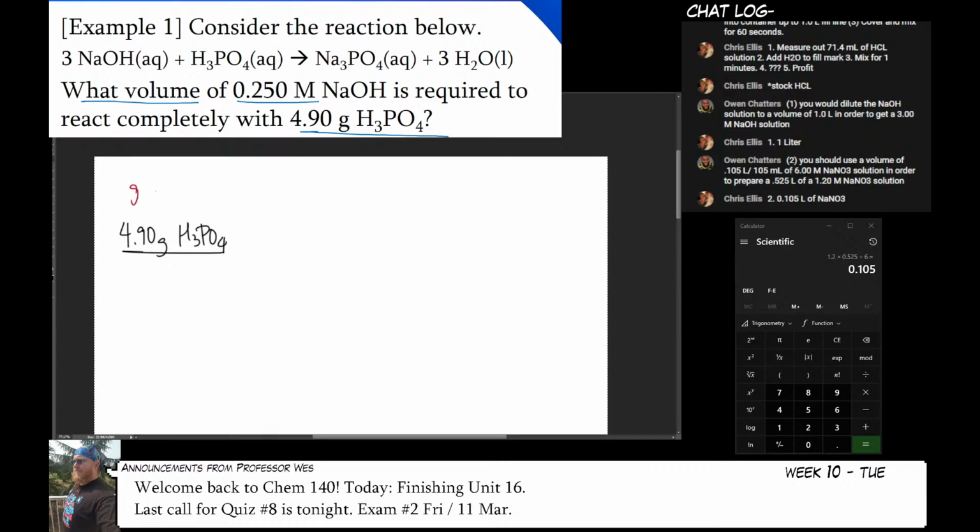So we've got mass, phosphoric acid. Whenever you do stoichiometry, turning stuff into moles is a great first step. And then I can turn that into moles of whatever else I want to. And then from there, I can solve the problem. So let's do that.